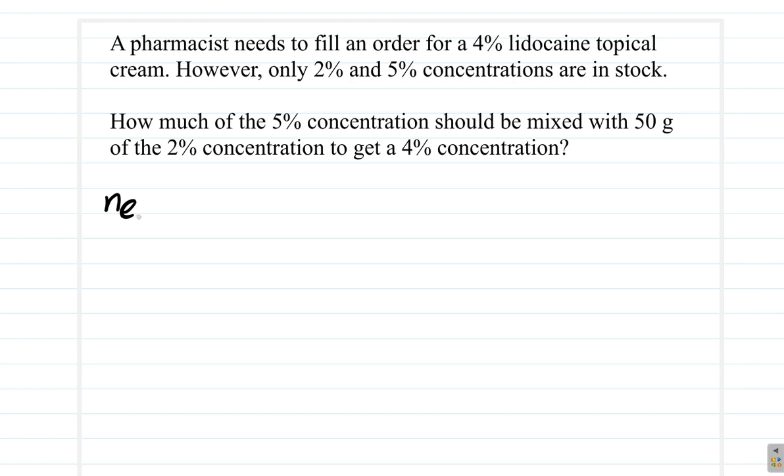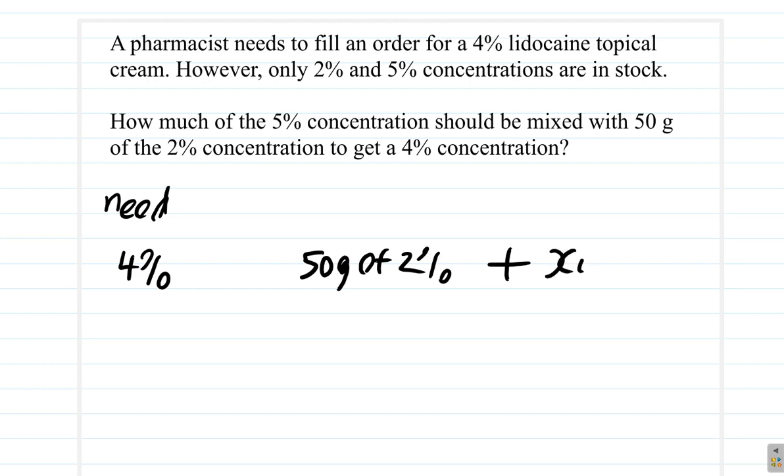What you need is a 4% concentration. You have 50 grams of 2% already. You're going to add it to a certain amount. You don't know, so you call it X grams, in this case, a certain mass, I should say.